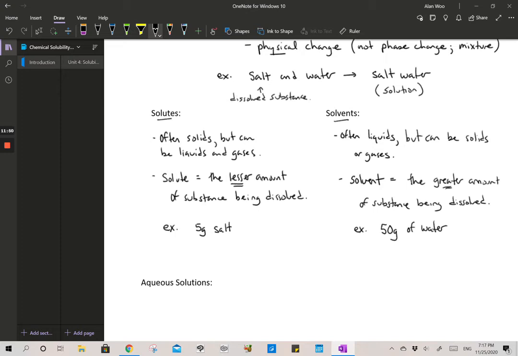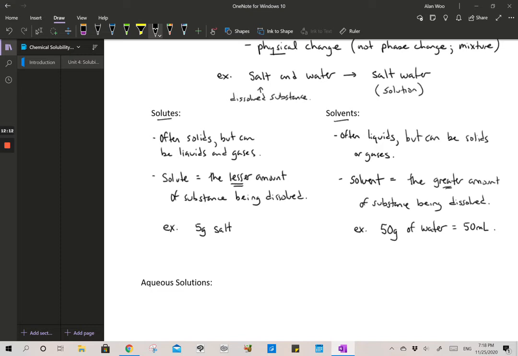Okay, now if you recall, 50 grams of water is the same as 50 mils of water. And we know that if I take 5 grams of salt, I can definitely dissolve it in 50 milliliters of water. Okay? But the fact that we have more water than salt makes the water the solvent and the salt the solute.